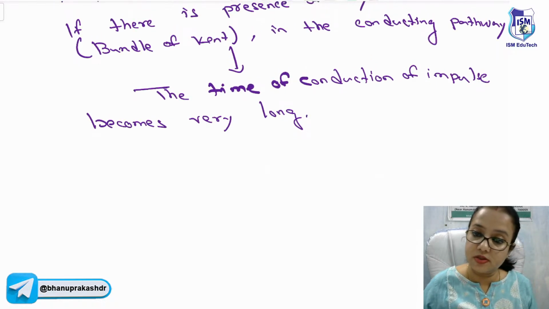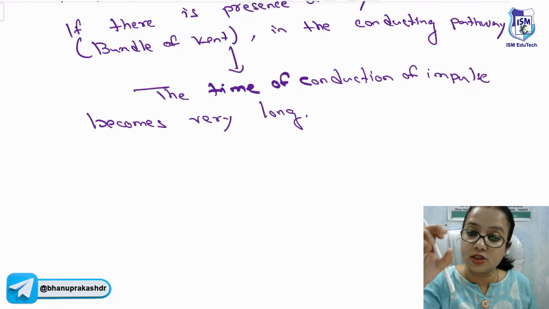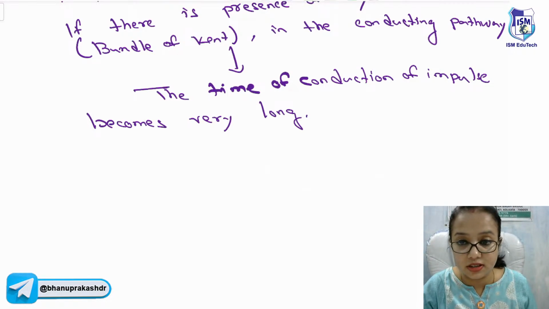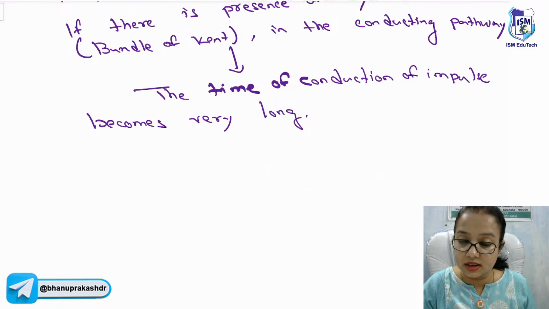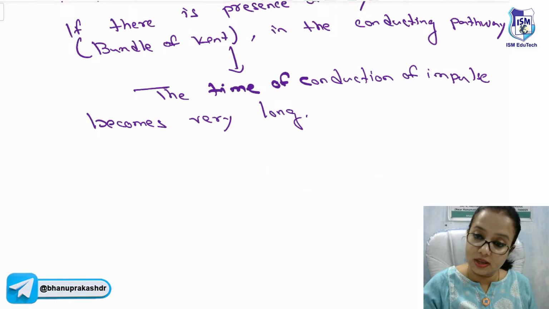Okay, the details of it we will study in the ECG. For now, remember, if there is any extra bundle that appears somewhere between the atrium and ventricle, maybe in the anterior septal region or the posterior lateral region, right lateral region or left lateral region, that will cause prolonged conduction of the impulse.